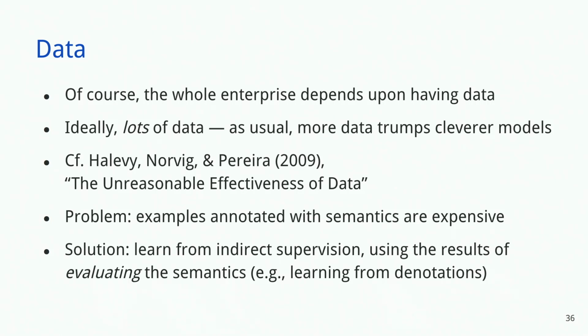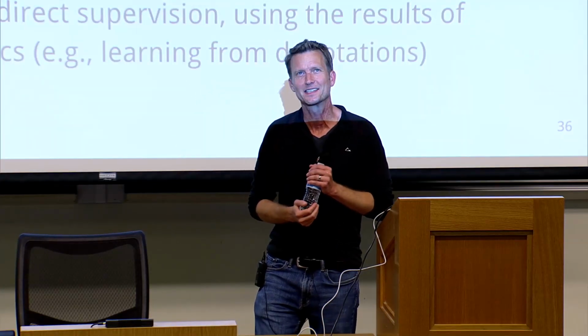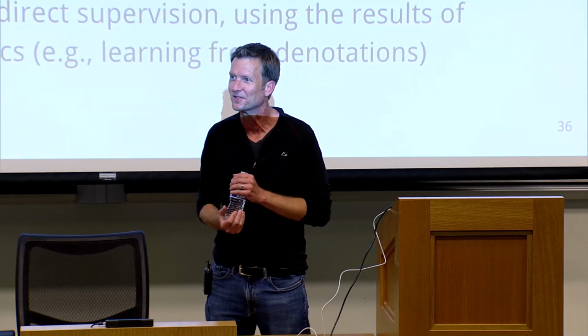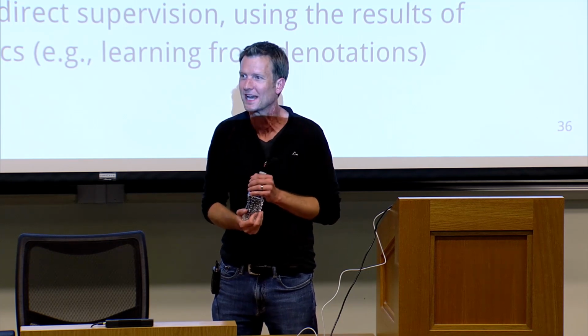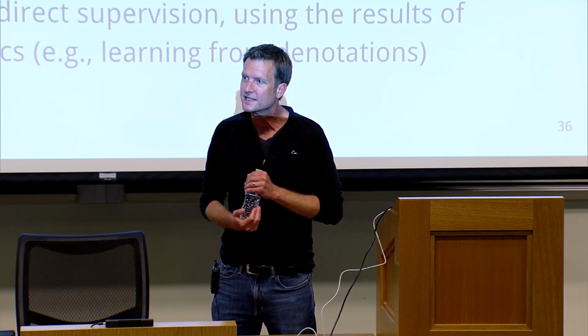The denotation of that semantics would be the answer to the question, like Austin? No, Juneau, yes. I guess if we're talking about large in terms of area, right? What is the capital of the largest state? Juneau, Alaska. So that's the denotation.